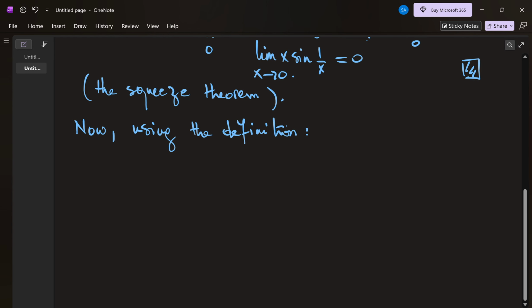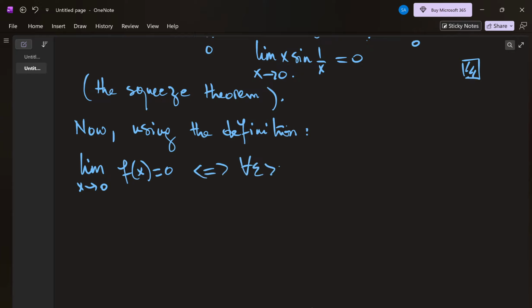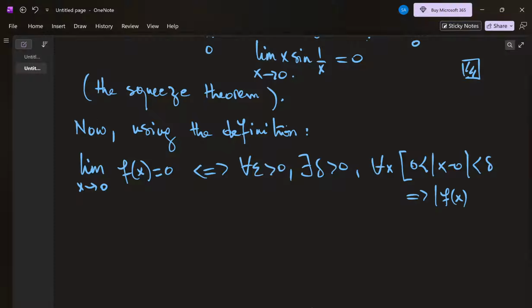So to use the definition, the proof of limit of x tends to 0 of f of x equal to 0 using the definition means that for every epsilon positive there exists delta positive such that for every x, if x minus 0 is less than delta, then this implies that f of x minus 0 is less than epsilon.